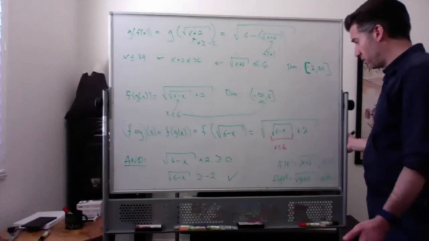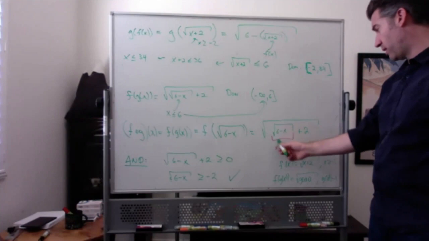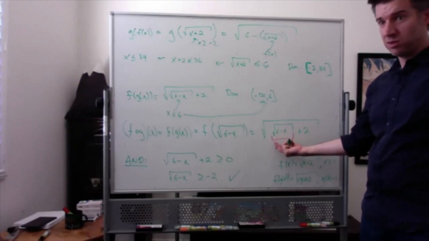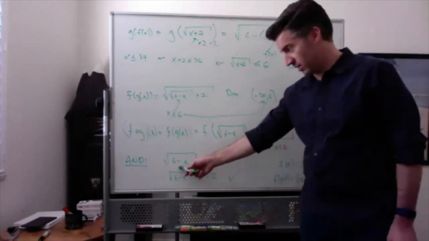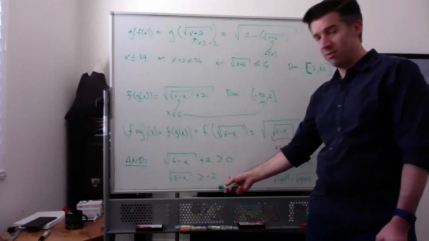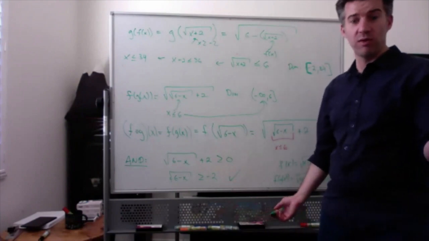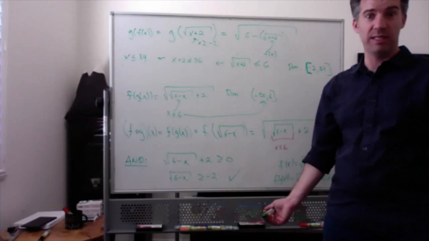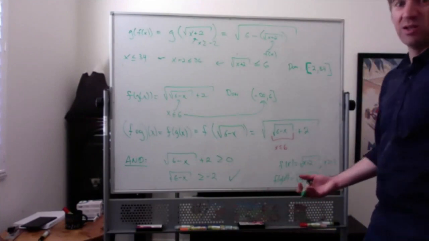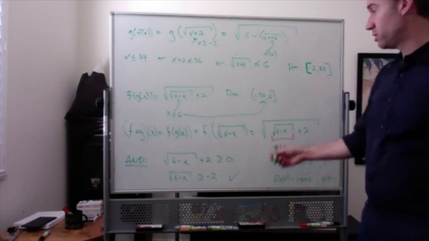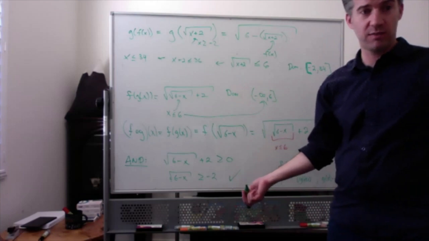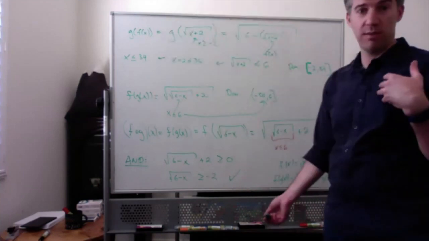When I look at this part here, it needs to be bigger than or equal to -2, because we need the square root of 6 minus x plus 2 to be bigger than or equal to 0. So the square root of 6 minus x is bigger than or equal to -2. But that's always true. The square root is always bigger than a negative number because it only spits out non-negative numbers. So that means there is no other domain restriction. So this is the only domain restriction we have, that x has to be less than or equal to 6. But it can be as negative as you want it to be.